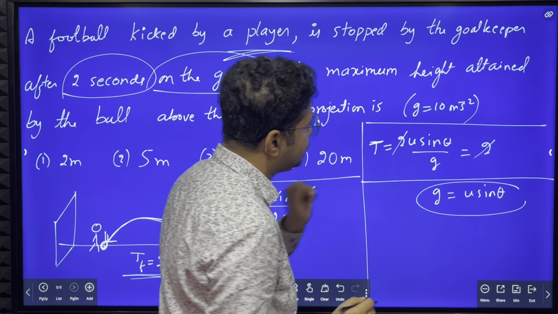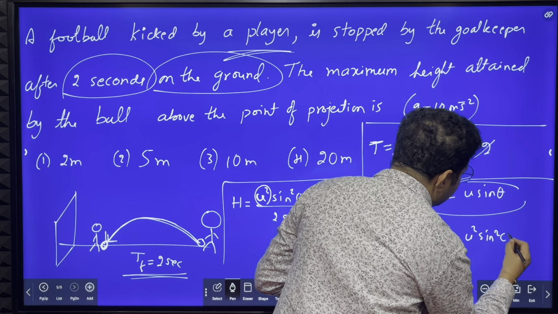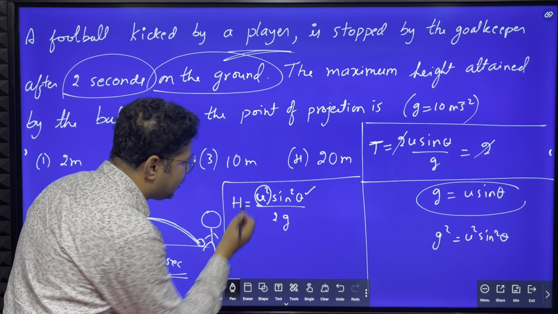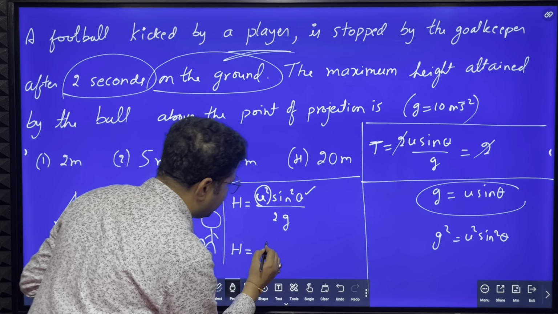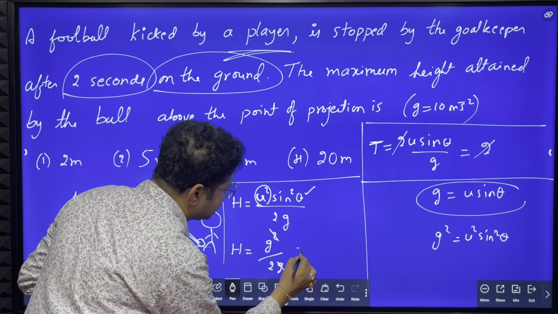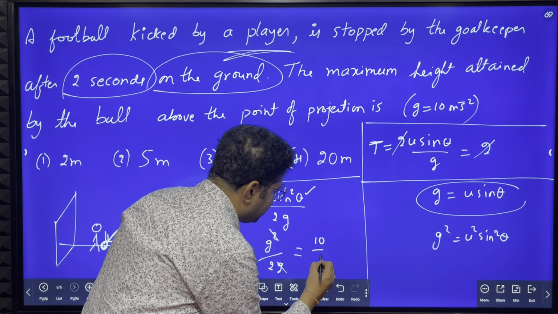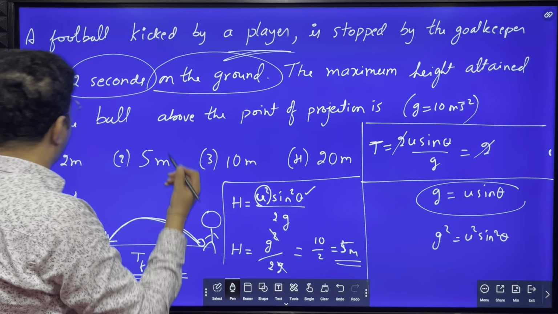If g equal to u sin theta, u square sin square theta will be equal to g square. So h is equal to g square divided by 2g. One g and g get cancelled. g is given as 10. 10 by 2 is equal to 5 meter. Therefore maximum height attained is 5 meter.